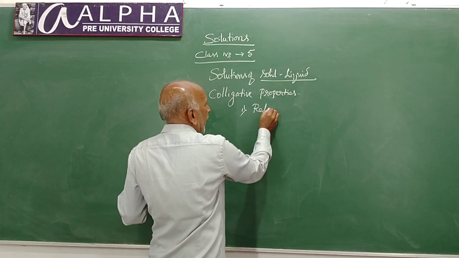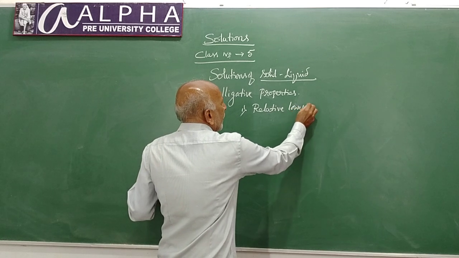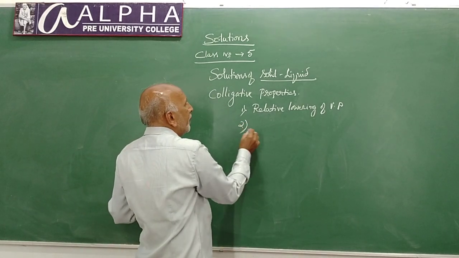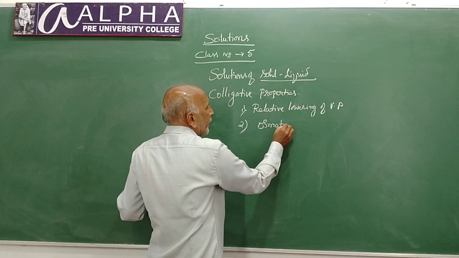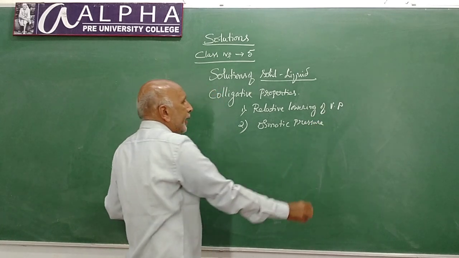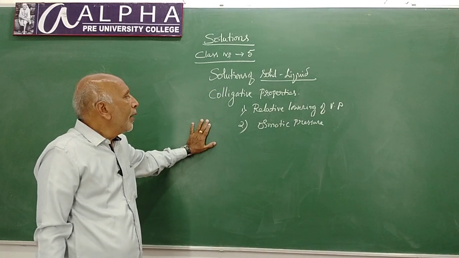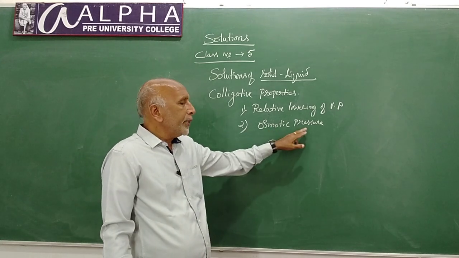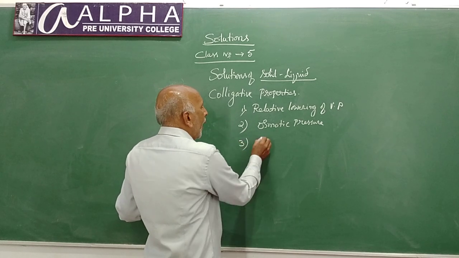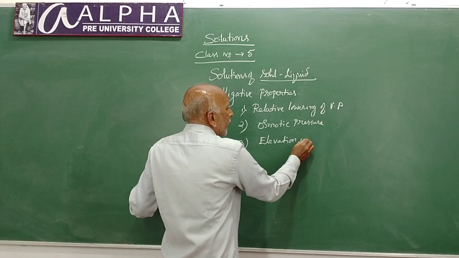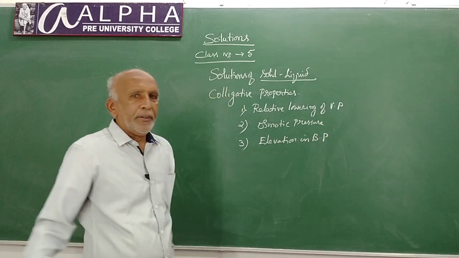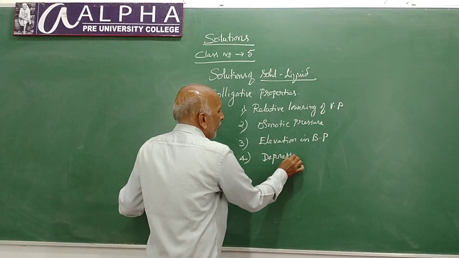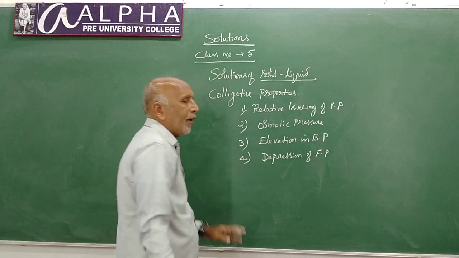The important colligative properties are: relative lowering of vapor pressure of solvent, osmotic pressure of solution, elevation in boiling point of solvent, and depression of freezing point of solvent.